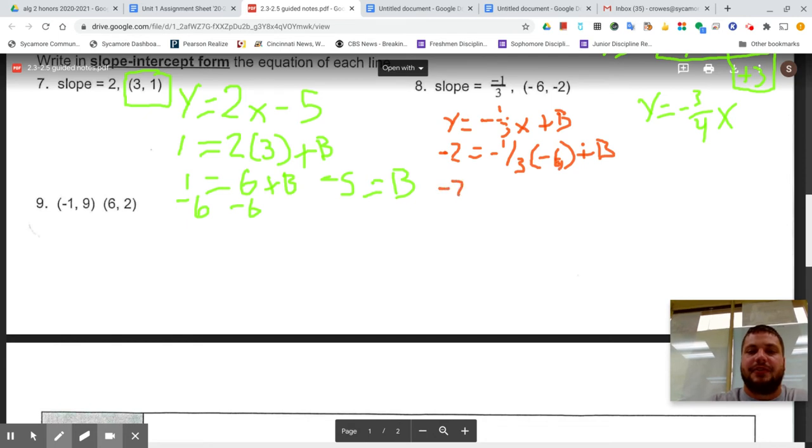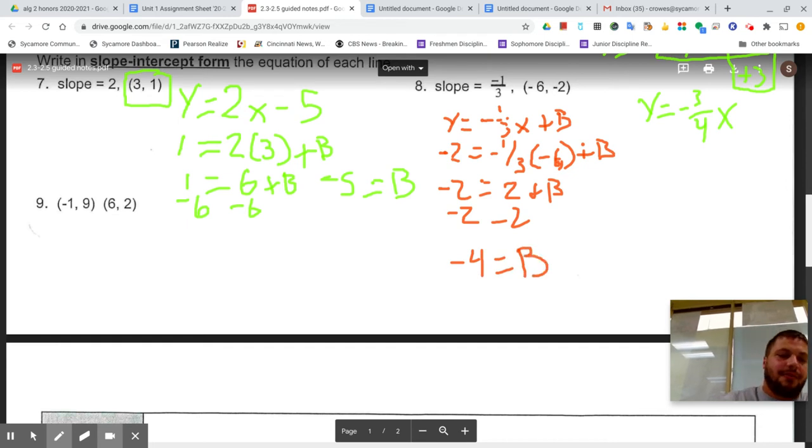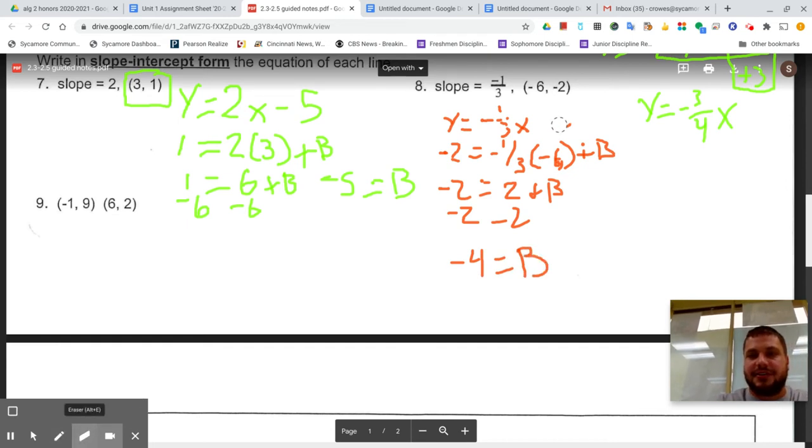So negative 2 equals negative 1/3 times negative 6 is 2 plus b. So when I subtract the 2, I get that negative 4 is equal to b. So now the final answer of this equation is y equals negative 1/3 x minus 4.